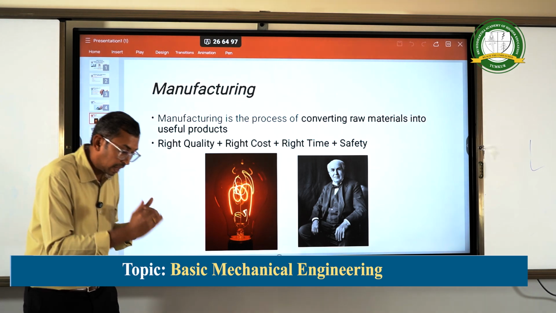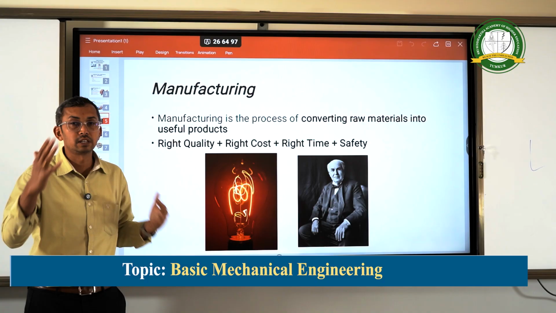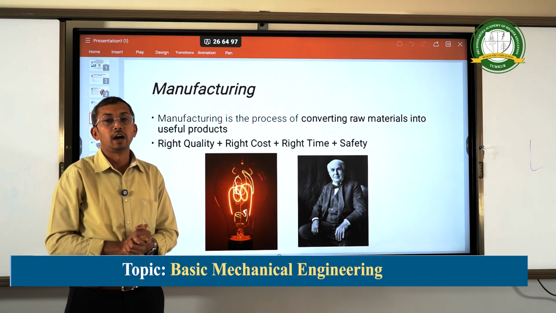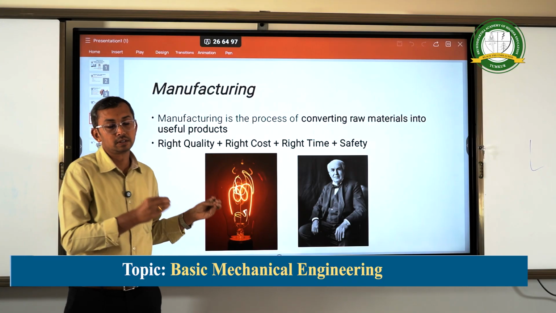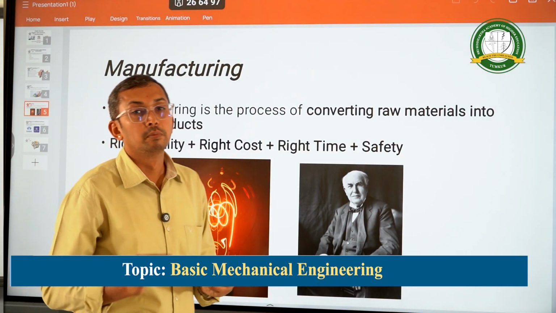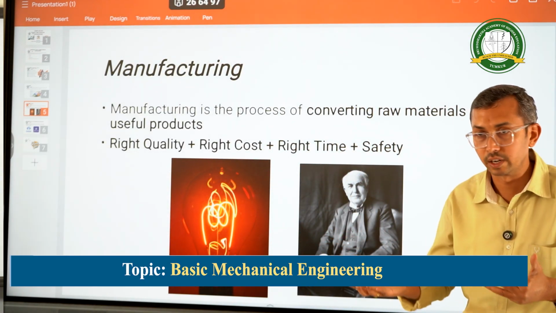See, when manufacturing increases, when mass production increases, the cost of the products will come down, and Thomas Alva Edison was able to make more profit by selling more bulbs, while the manufacturing cost was very low.